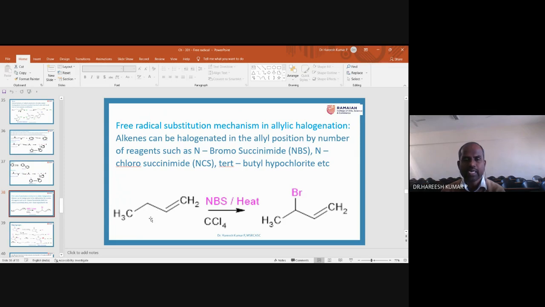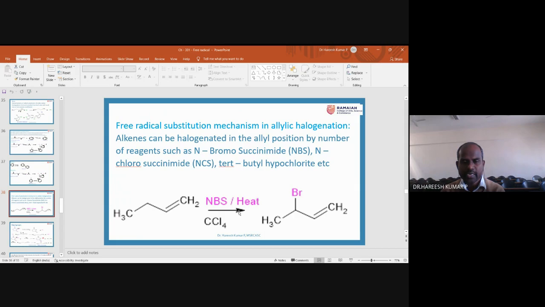Allylic position can be halogenated by using NBS, N-bromosuccinimide, N-chlorosuccinimide, NCS, and NIS, N-iodosuccinimide.